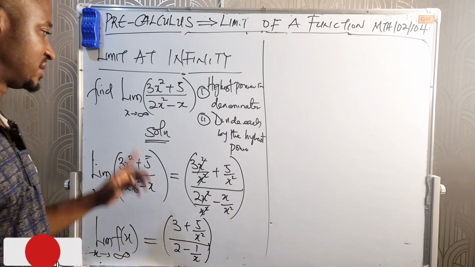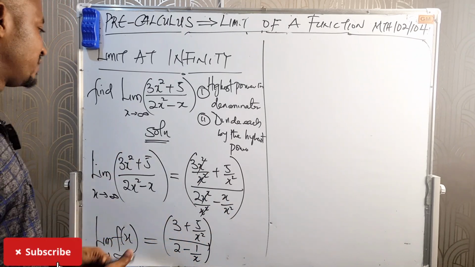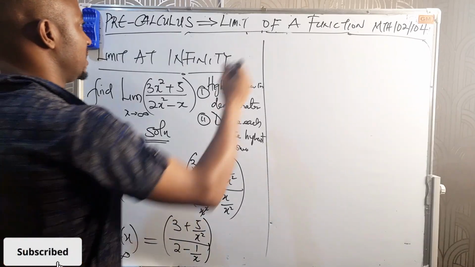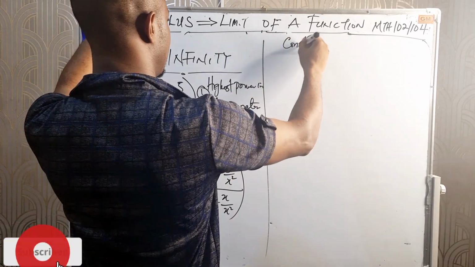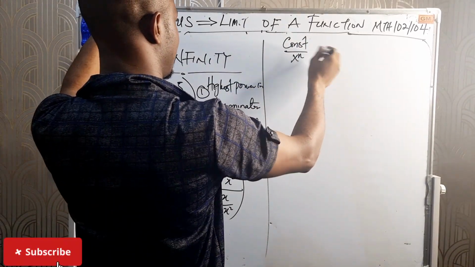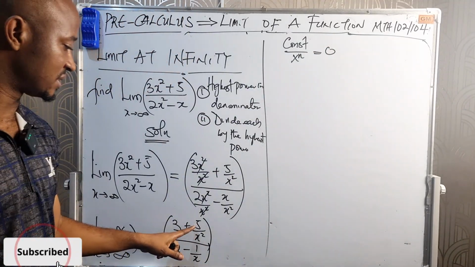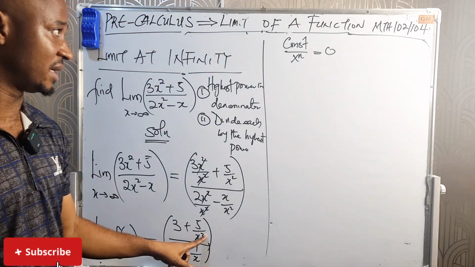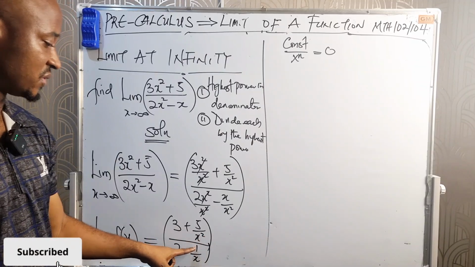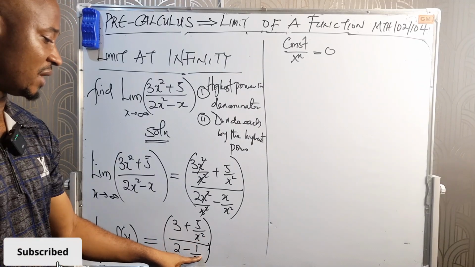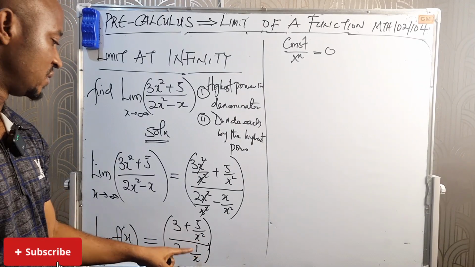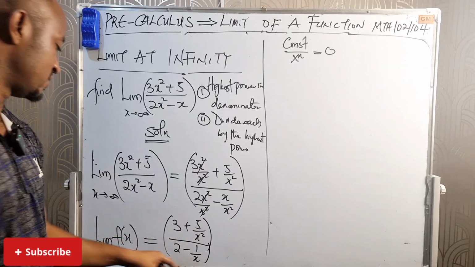The third condition says convert every constant over x to the power of n into 0. We have a constant here over x to the power of n, and our n here is 2. This is also a constant over x to the power of 1, and our n here is 1. That means this and this will turn into 0.